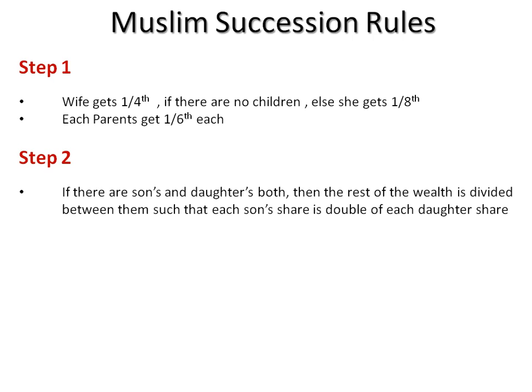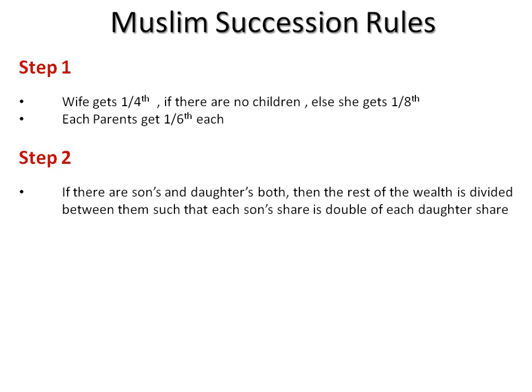So, if there are sons and daughter both in the family, then rest of the wealth is divided between them in such a way that each of the son's share is double of each daughter's share. Let us take an example here. Let us say that the total wealth to be divided is 50 lakh rupees. Okay, among sons and daughter. And there are 2 sons and 1 daughter.